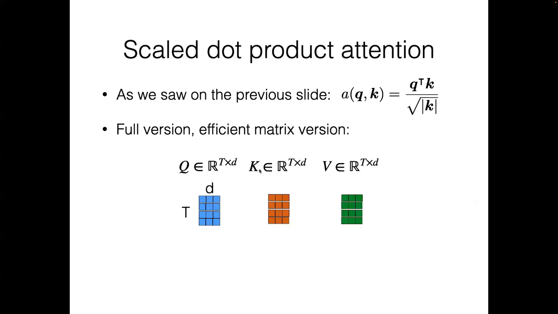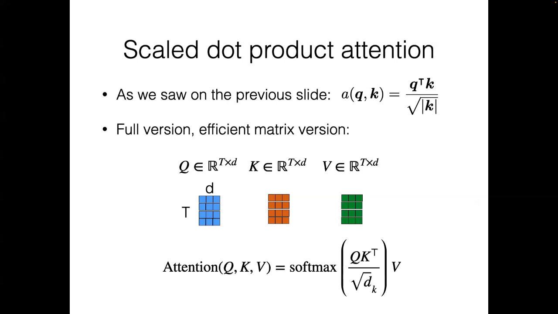Similarly, we can do this for keys and values, stacking multiple keys into a matrix and multiple values into a matrix. And then you can see the formula in matrix form right here. We are taking the dot product between the query and the key matrix, and it basically does all of the positions at once.